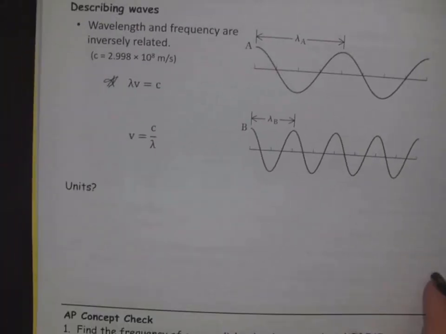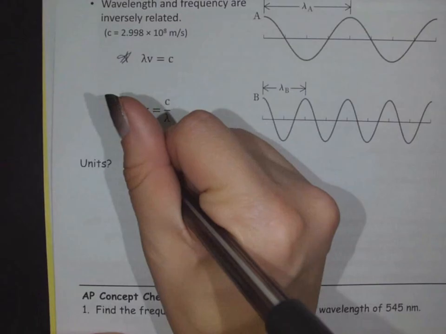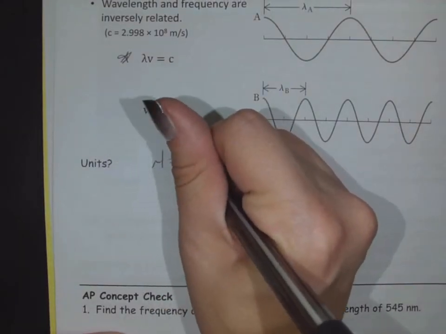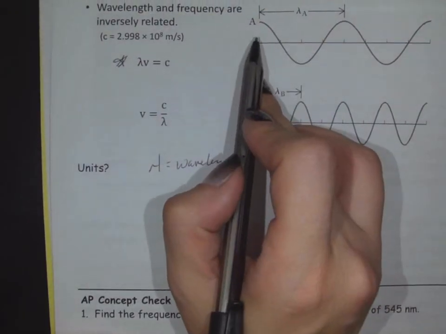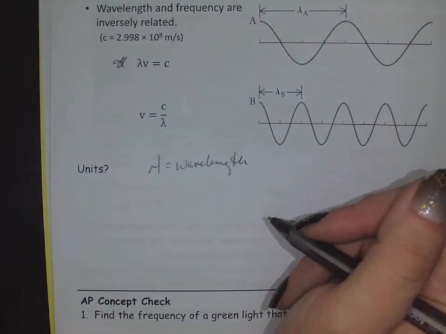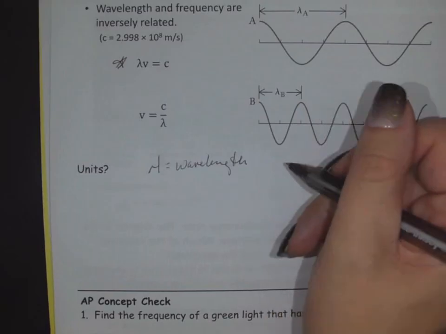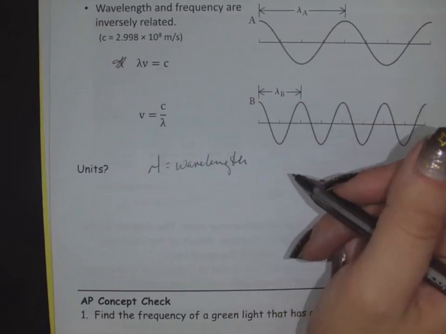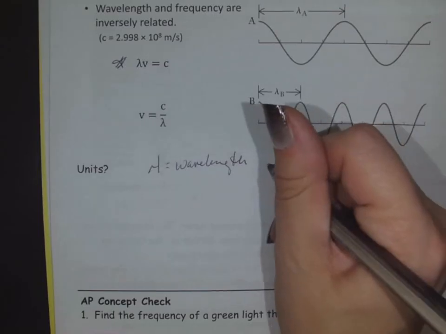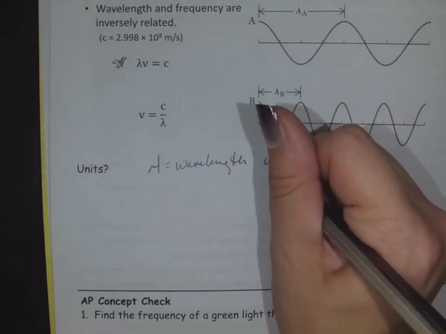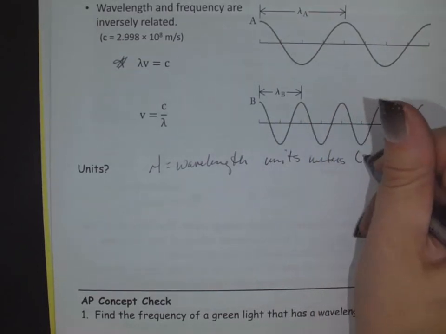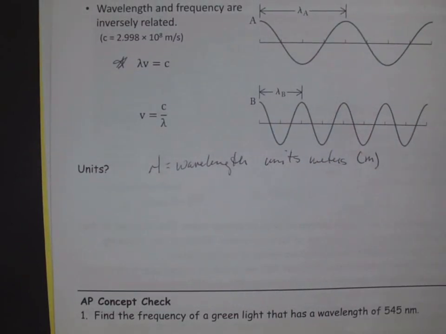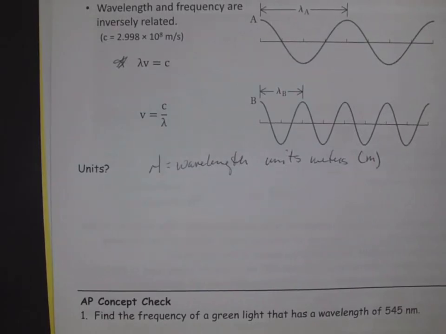Alrighty. So we know that this is wavelength. We've talked about what wavelength is, peak to peak, trough to trough. And this is a distance, and this is important, everyone, so listen carefully. We need wavelength to be in units of meters, okay? So our units are meters, lowercase m. So if it's not in meters, if it's in nanometers, then we need to change that.